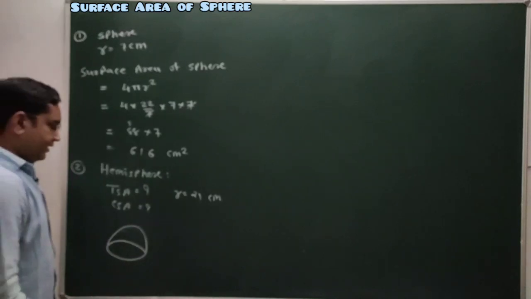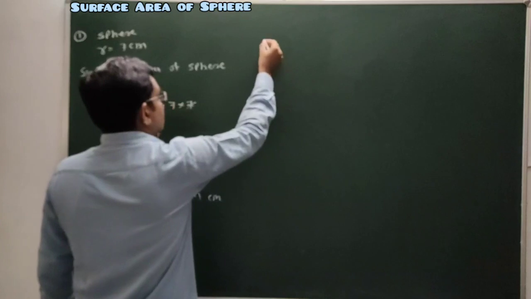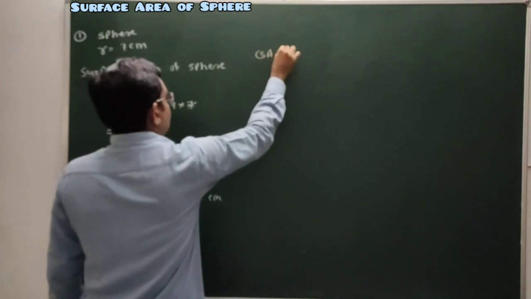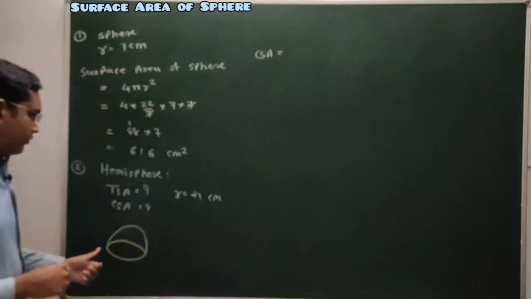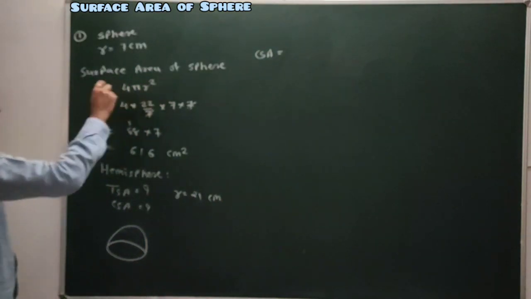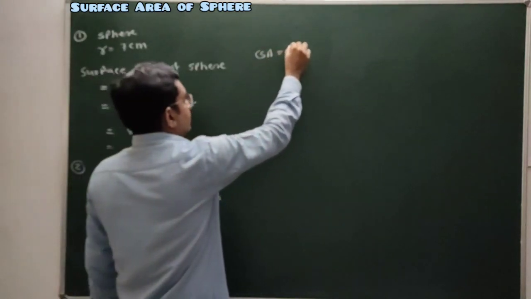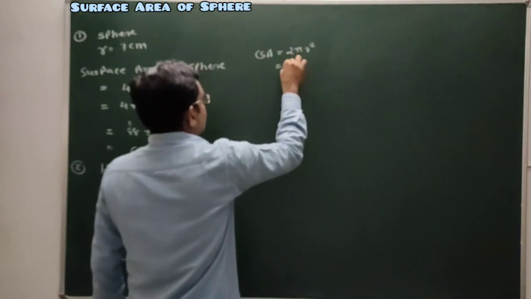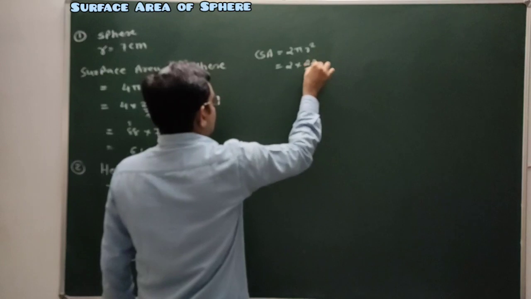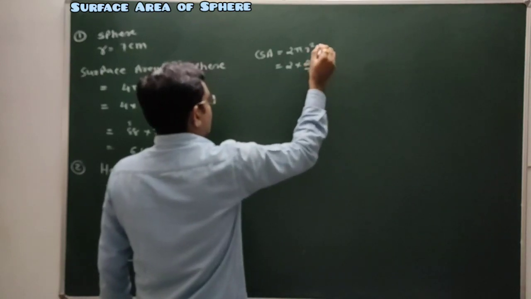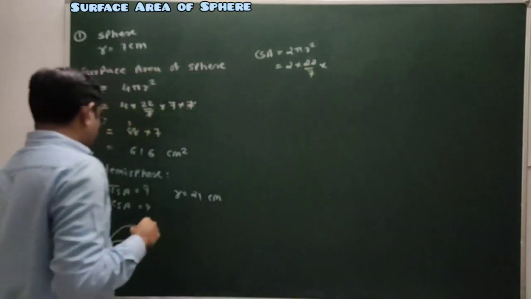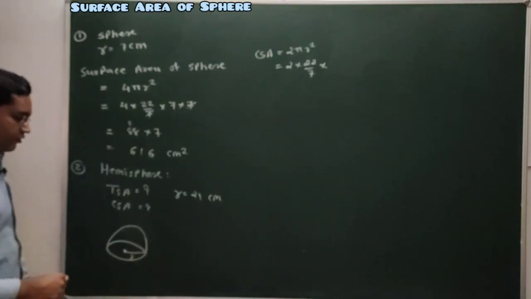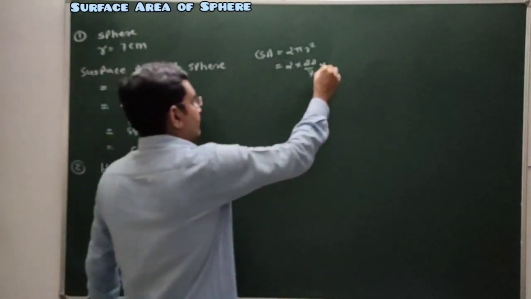Formula to find the curved surface area: curved surface area of hemisphere is nothing but half of the area of this sphere, that is equal to 2 pi r square. So 2 into 22 by 7 into r square, radius of base, which is 21.